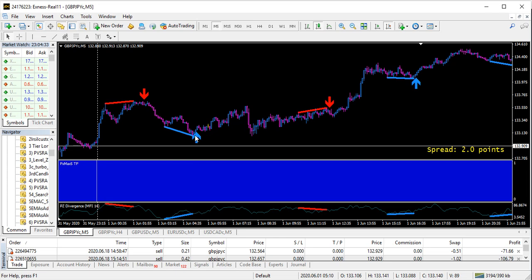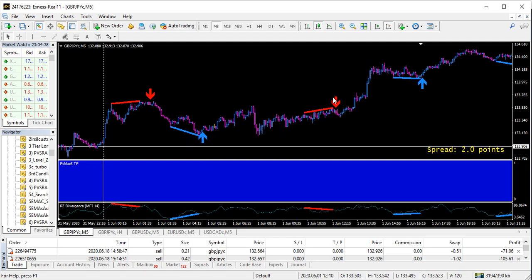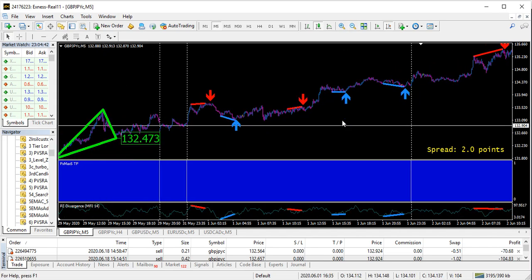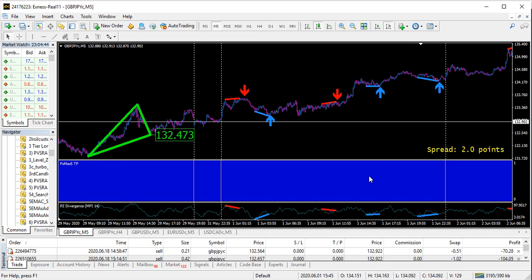So you enter here, you exit here, because you have a buy trend with a buy triangle confirming the buy. You enter with the blue arrow showing a continuation of the buy.